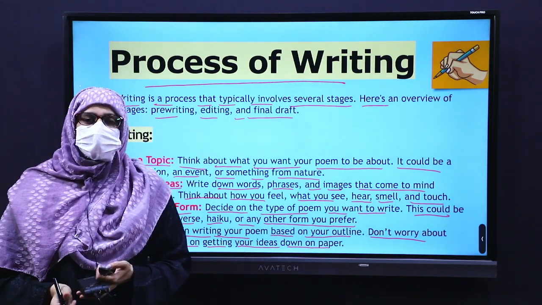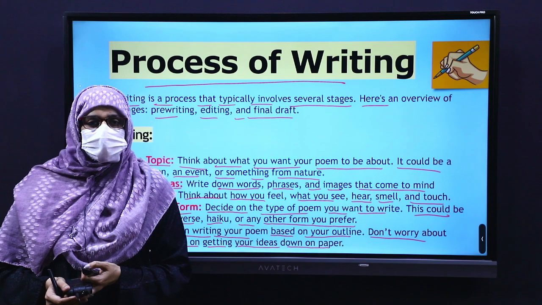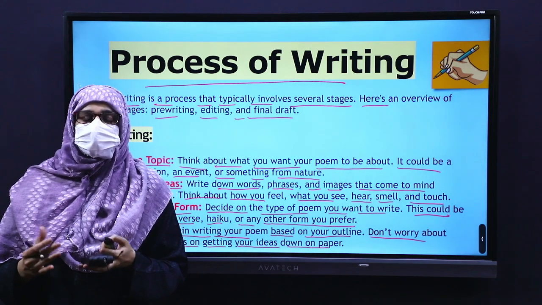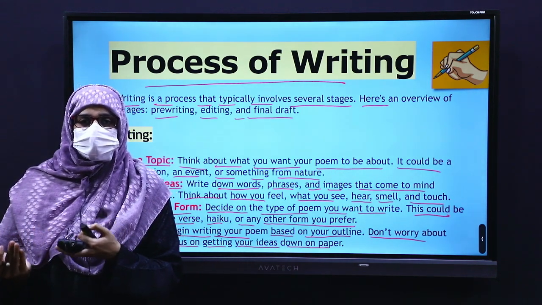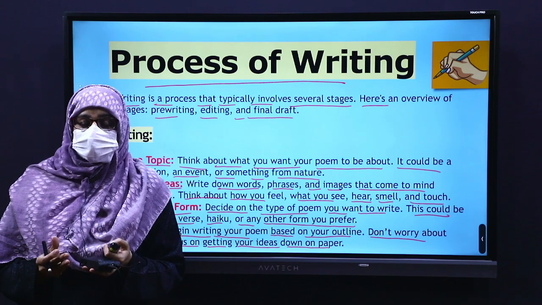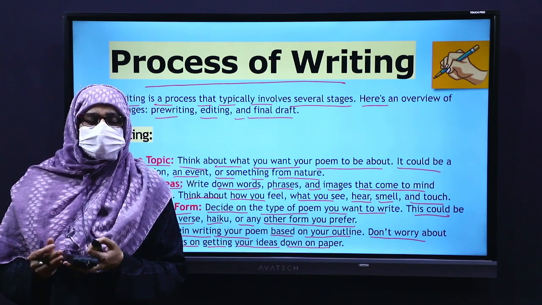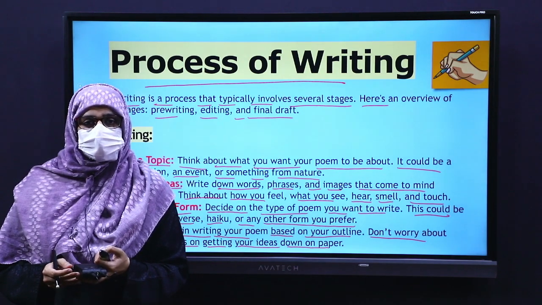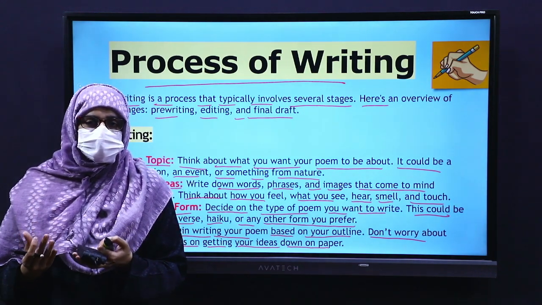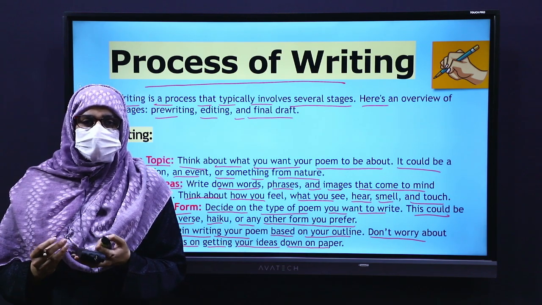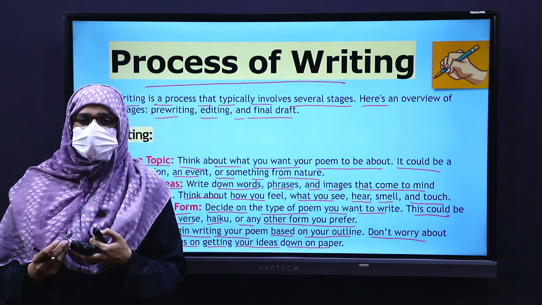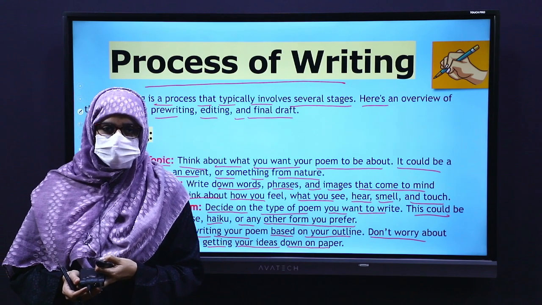Then, if you have decided to write a poem, you will decide on what form of poetry you are about to write. Either it's a sonnet, or it's a haiku, or it's a lyric. And then, you start writing freely, without worrying about vocabulary, grammar, syntax, or any type of sentence structure.